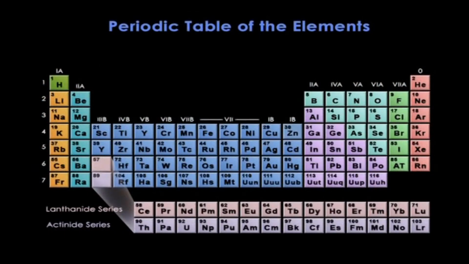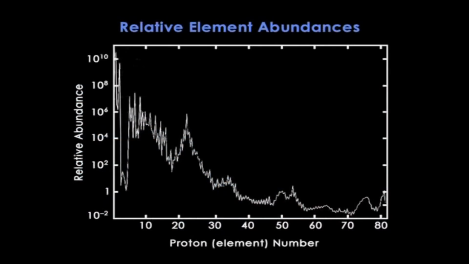Remember, the most common way to see all the elements is arrayed in the famous periodic table, all 92 of them. But to astronomers and physicists, this graph of their relative abundance is much more interesting. So the x-axis runs along the element series from hydrogen to uranium, and the y-axis shows the relative amount or abundance of each element.